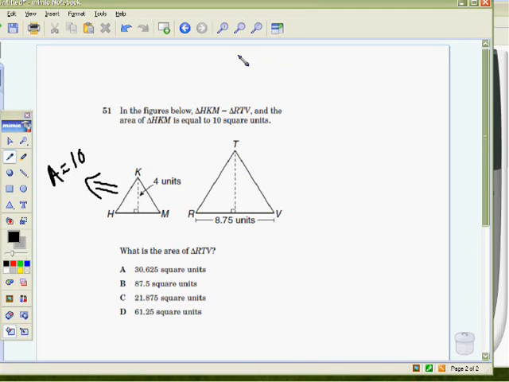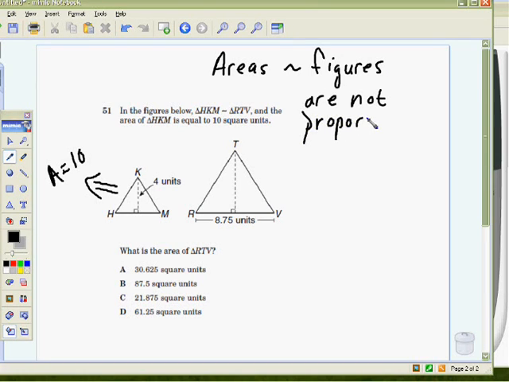Now, areas of similar figures are not proportional. So I can't make a proportion of side to side and area to area to find the area of the big triangle.